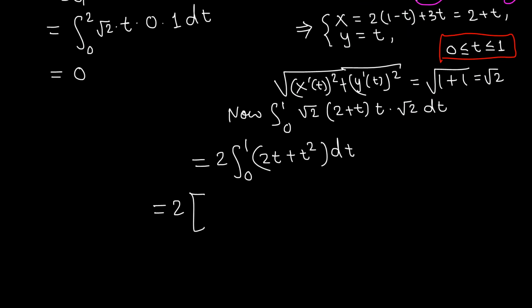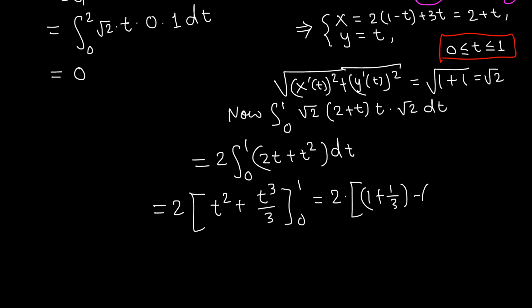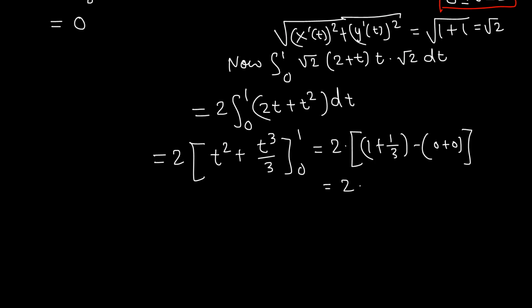The antiderivative of 2t is just t squared, plus the antiderivative of t squared is t cubed over 3, and we go from 0 through 1. That is root 2 times the upper limit minus the lower limit. Upper limit means t equals 1, so 1 squared, 1, plus 1 cubed over 3, which is 1/3, minus 0 plus 0, no contribution from the bottom. So from the upper limit, 1 plus 1/3 is 4/3, so that is 8/3.